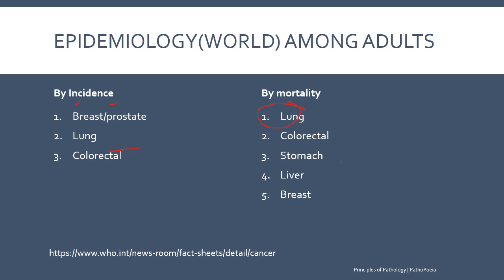In cases of breast cancer, we have many screening methods such as the mammogram and self physical examination. For prostate, we have the digital rectal examination or the PSA screening test. For colorectal cancer, we have the colonoscopy and the stool examination.